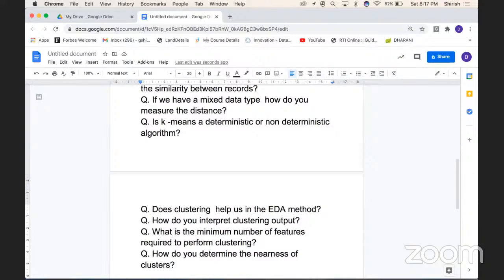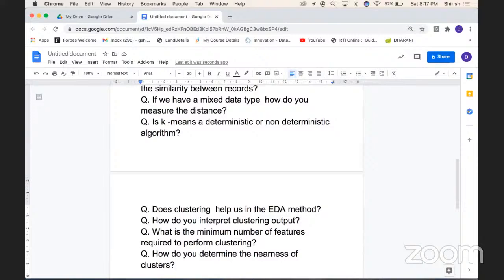When you go for single, it is the minimum distance between the members of two clusters. Complete is the maximum distance between the members of two clusters. So using all this, how do you determine the nearness of the cluster? Which linkage?